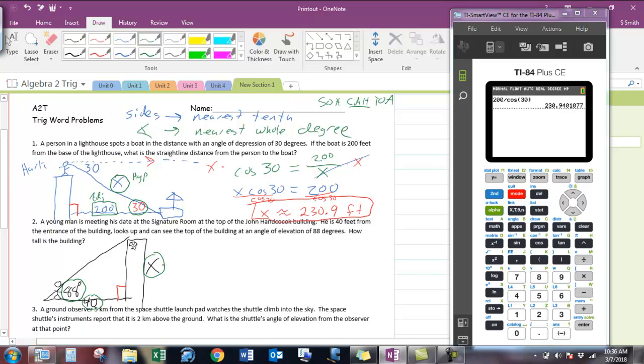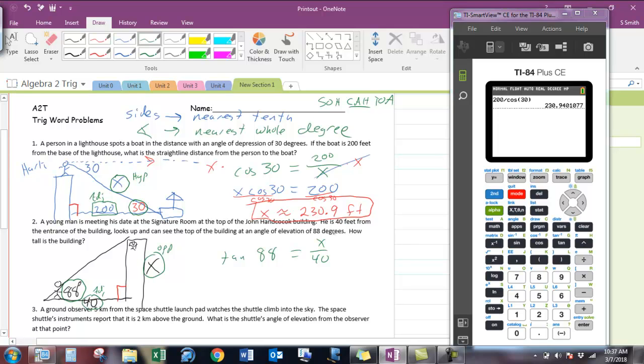That is the opposite side, and this is the adjacent side. So SOHCAHTOA, which one goes with opposite and adjacent? Well, that's going to be our TOA. So the tangent of 88 degrees is equal to, tangent is equal to the opposite, x divided by 40. There's our setup.